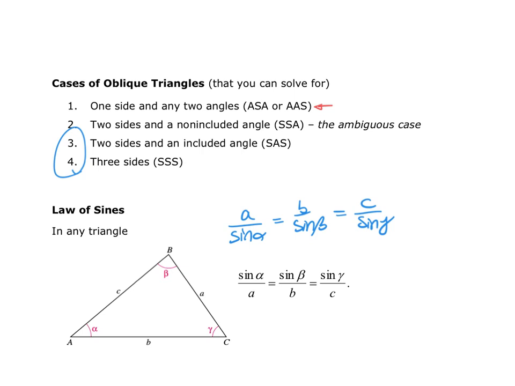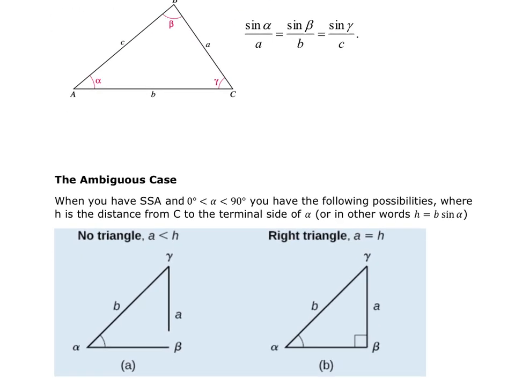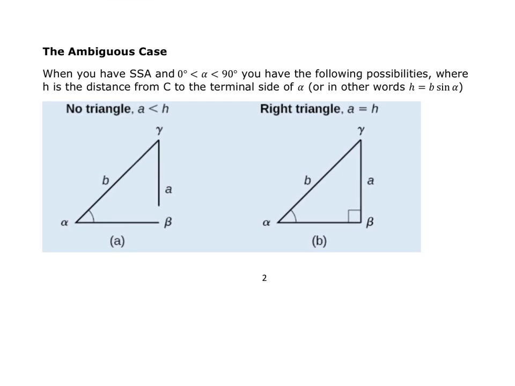So then we want to look at the ambiguous case where we have the side-side-angle. Okay, so here's the ambiguous case. When I have an angle that is between 0 and 90, these are the choices I have.